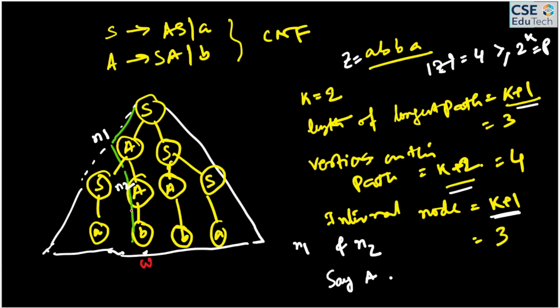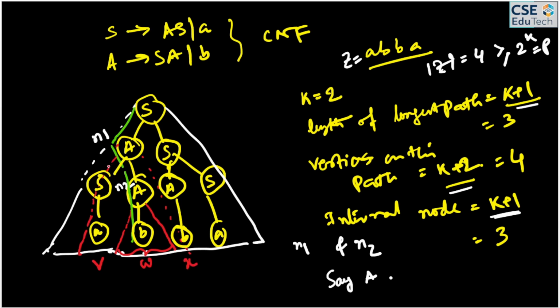So now we can write it this way also: this portion we consider is w, and from this A, from this n1, the yield is basically v and w, and also on the right-hand side from this node, as there is nothing else, we can consider that on the right-hand side it may be x.